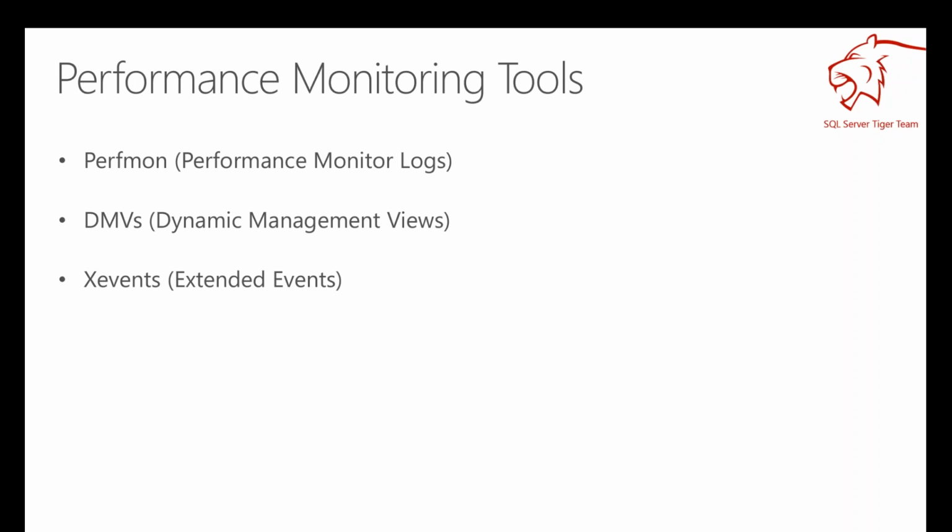There are other tools built on top of it, but at the ground level, it's all these three tools. If you have all these three data sets, you will be able to understand any kind of performance issues or performance state within SQL Server.